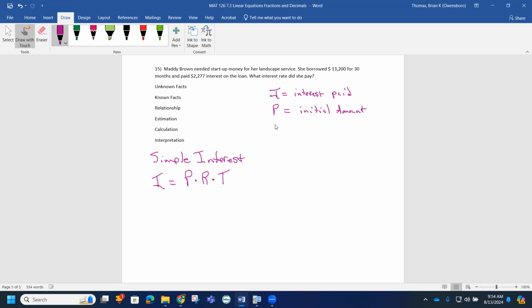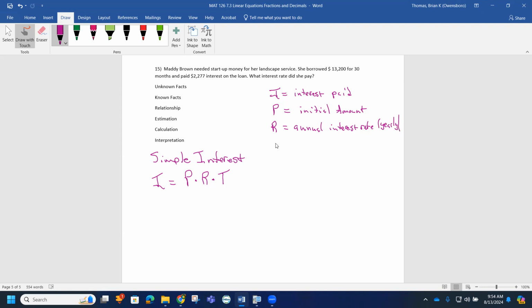The P is the initial amount borrowed. The R typically is the yearly interest rate, so annual interest rate, which implies years.